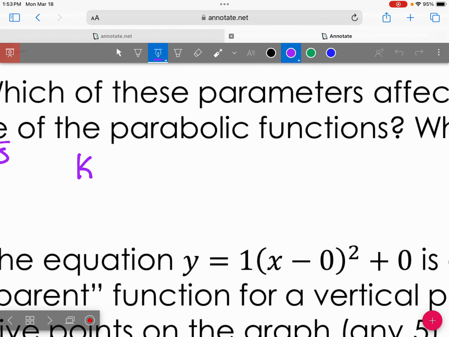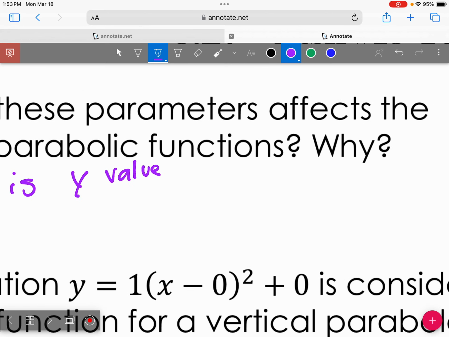So my K is the y value for my vertex. So it's going to always be the boundary on our range. It's always going to be either our very highest or our very lowest.